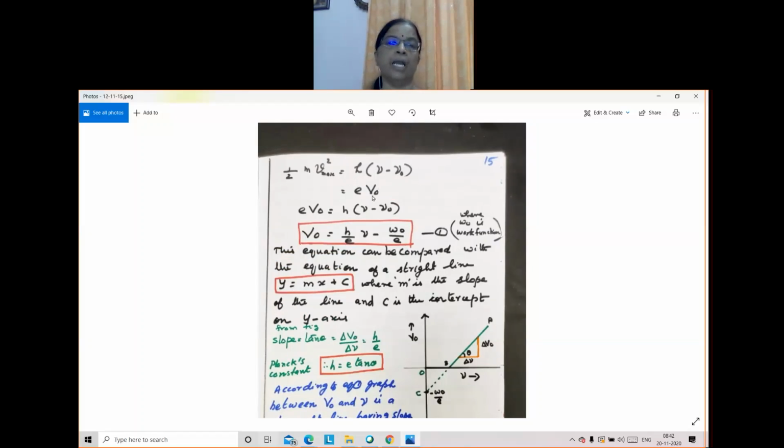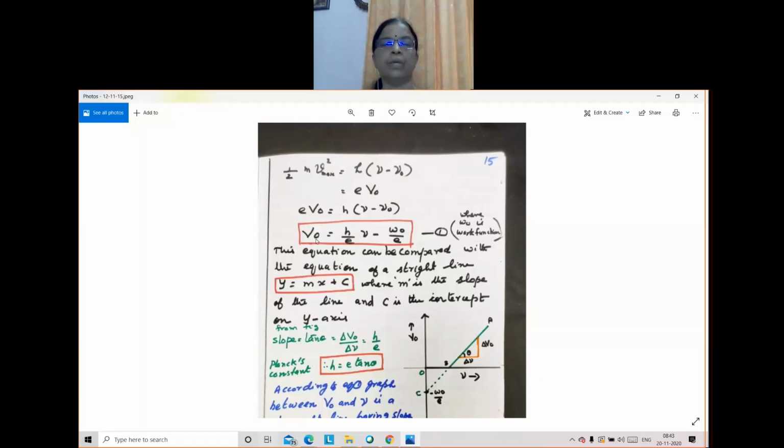And we know half m v max square is eV0, just now I told you. Kinetic energy is equal to potential energy when it is stopped. V0 is the stopping potential applied. We cannot write V. Then only this becomes equal to half m v max square. So that is equal to eV0. So eV0 equal to h into nu minus nu 0.